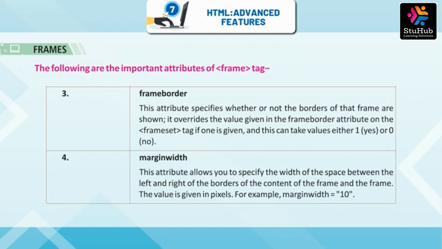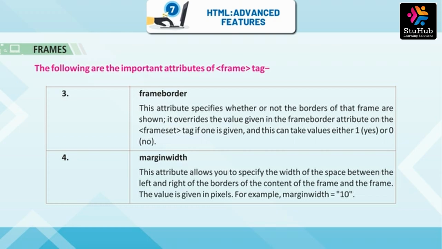3. frameborder. This attribute specifies whether or not the borders of that frame are shown. It overrides the value given in the frameborder attribute on the frameset tag if 1 is given, and this can take values either 1 (yes) or 0 (no). 4. marginwidth. This attribute allows you to specify the width of the space between the left and right of the borders of the frame and its contents.